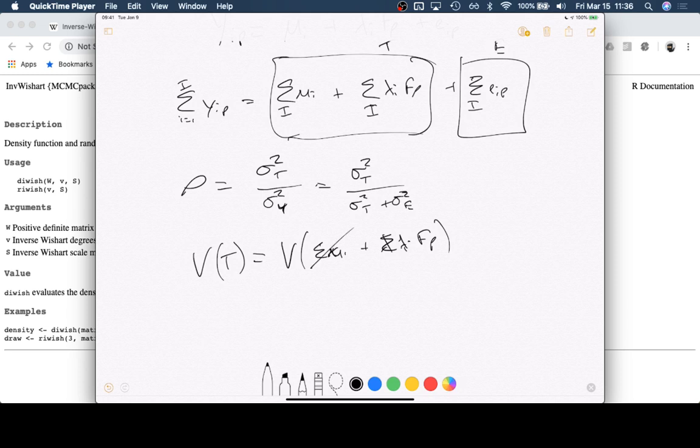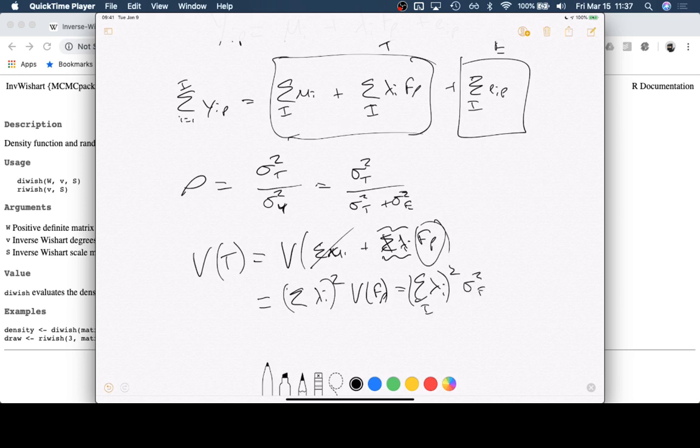What we're left with is, the only thing random here, if you think of random variables, although in Bayesian it's harder than that, is the factor itself. So what you would get is the sum of lambda i squared times the variance of the factor, or the sum of lambda squared times sigma squared f. So that's your variance of true score.